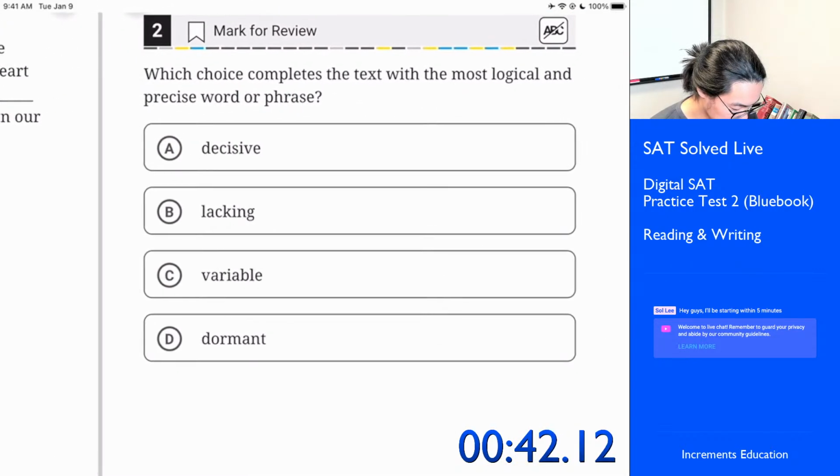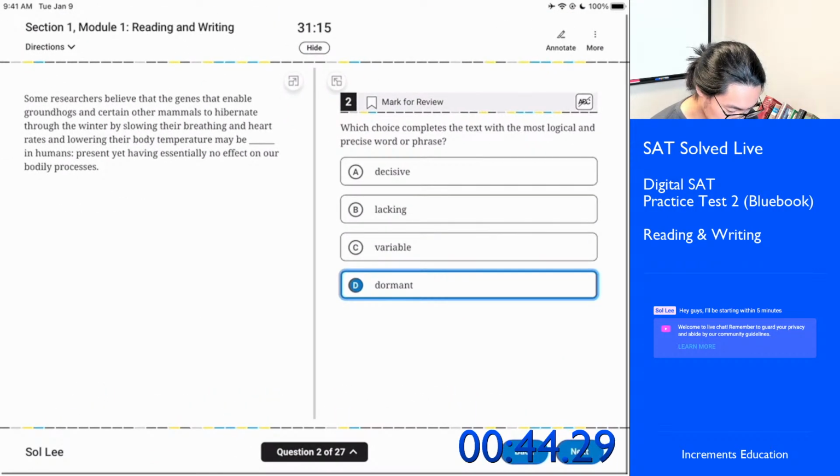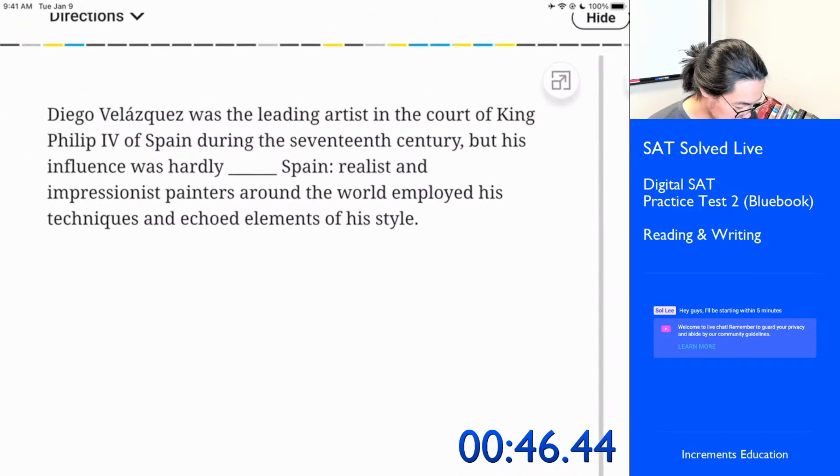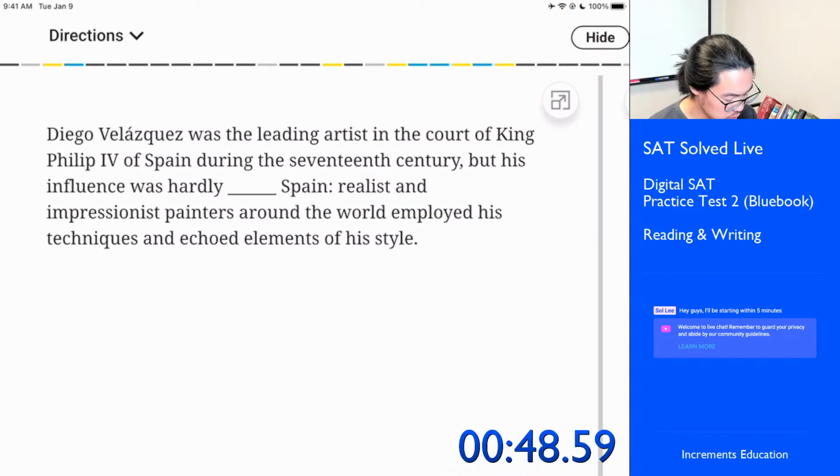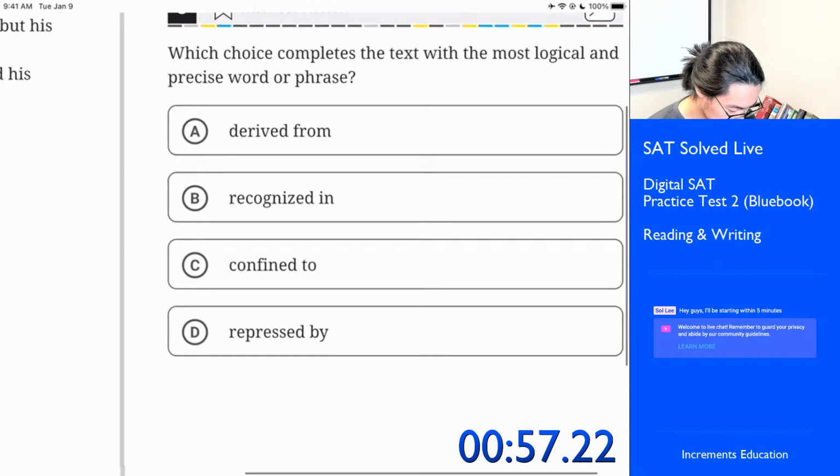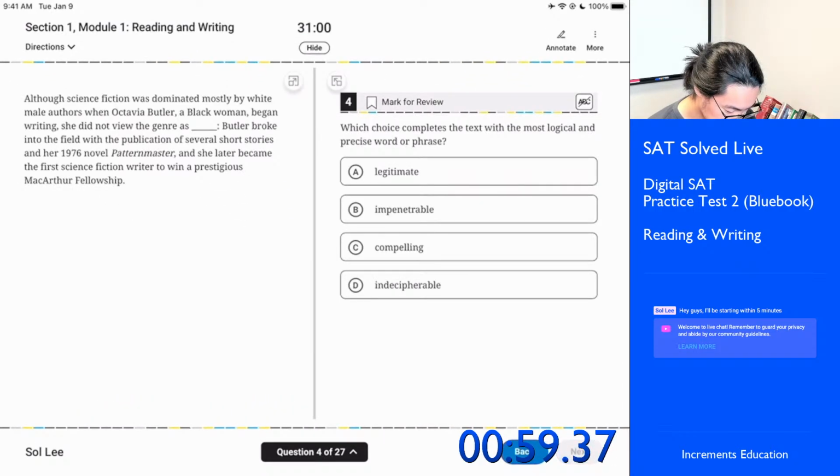So, like dormant. Okay, sure. I was thinking of a different word, but I can't remember the word I was thinking of. Diego Velázquez was a leading artist, but his influence is hardly limited to Spain, around the world, confined to Spain.